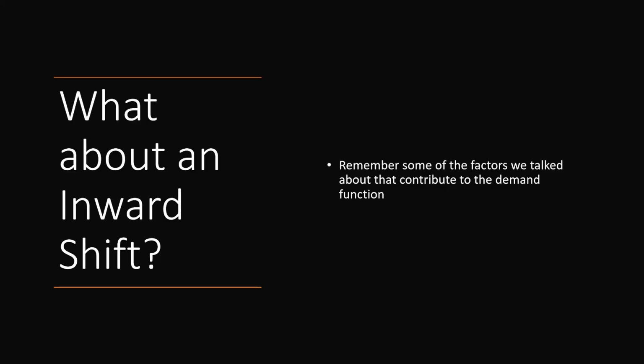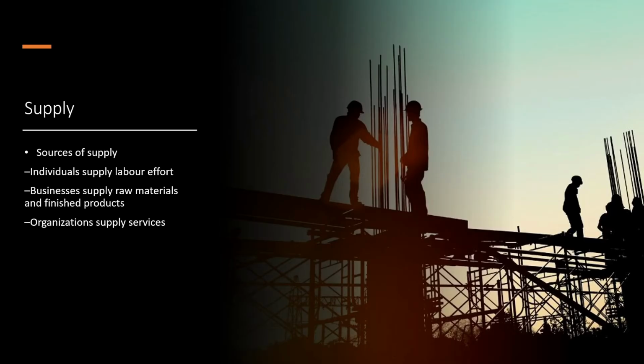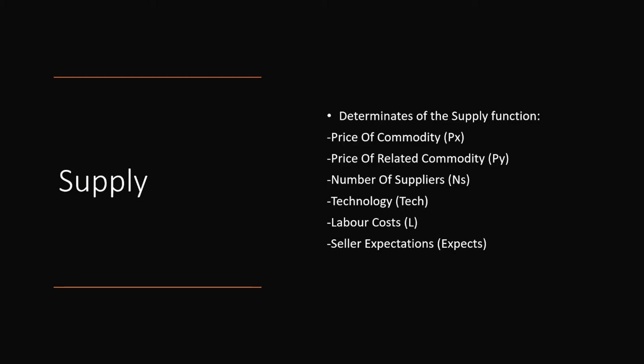We've gone through demand, and let's now look at supply. So just quickly, the sources of supply. We have individuals supplying labor effort, businesses supplying raw materials, finished products and capital, and organizations supplying services. Now that we've covered demand and the factors of demand, let's look at the factors of supply, the determinants of our supply function.